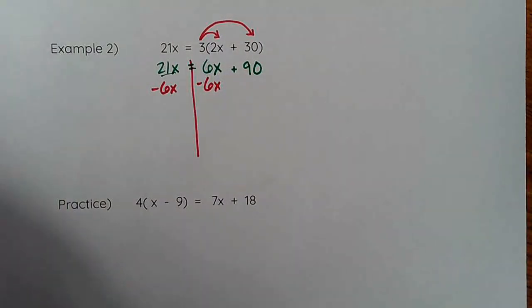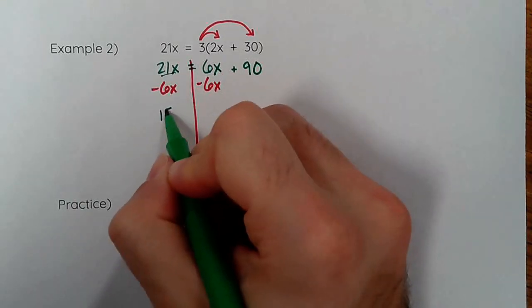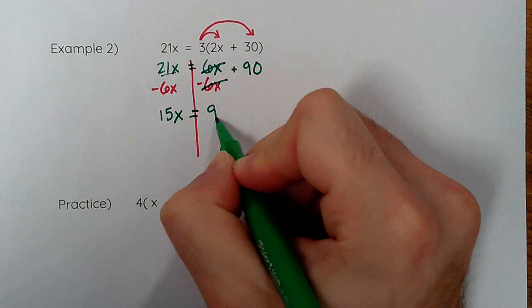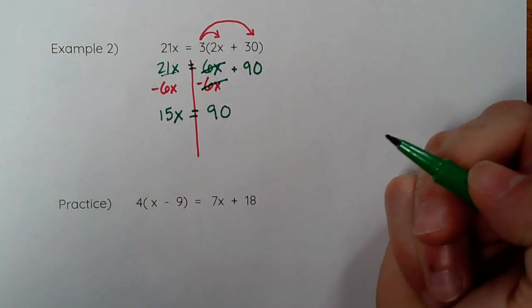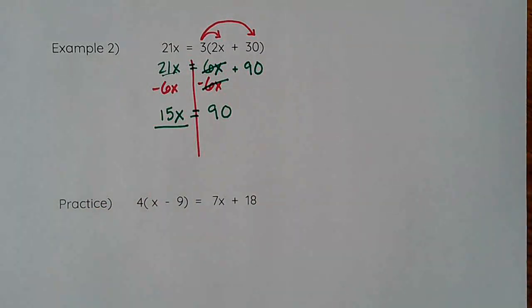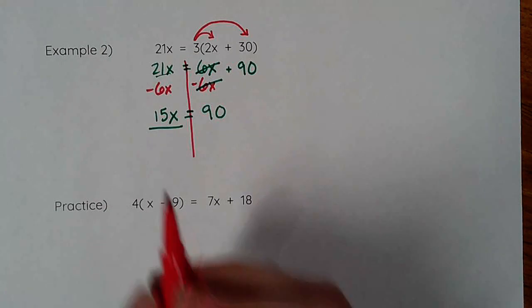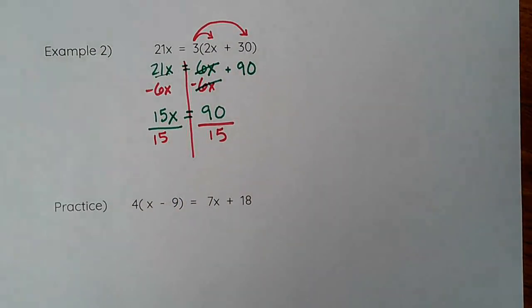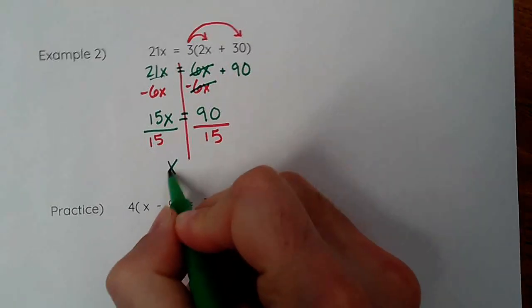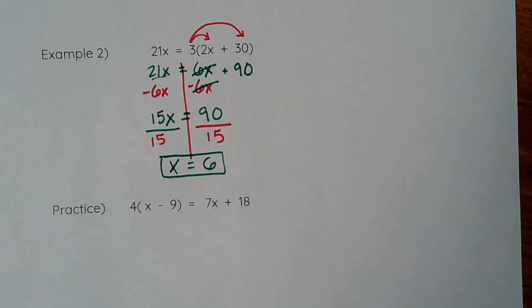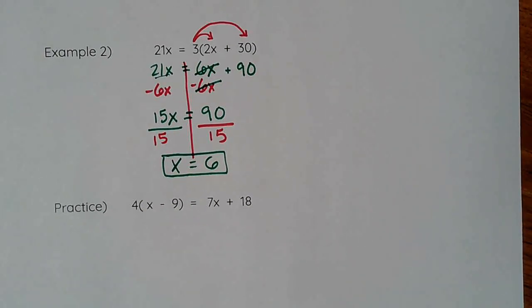That's going to leave me with 15x equals 90. I'm going to divide by 15. And divide by 15. That's going to end up with x equals 6. Why don't you pause the video and go ahead and try the practice problem.